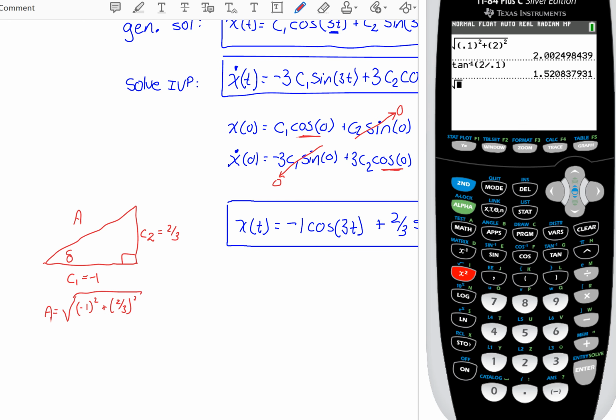The square root of negative 1 squared plus 2/3 squared should give us an amplitude of motion that's approximately 1.202.